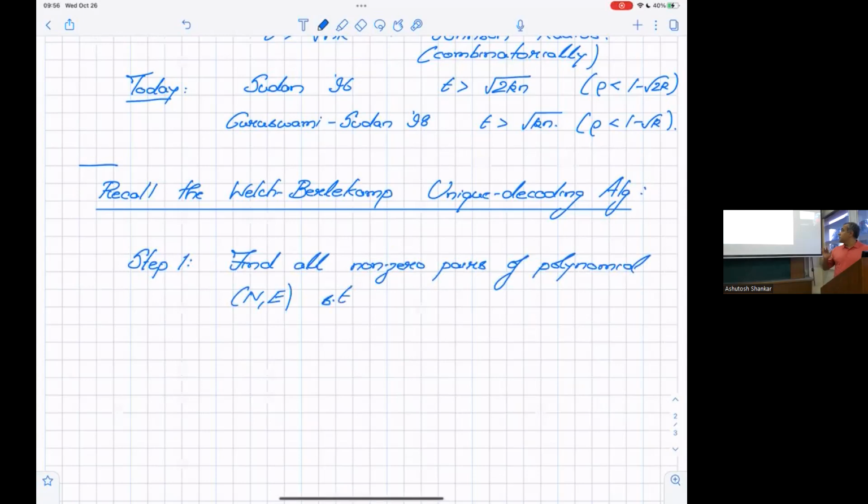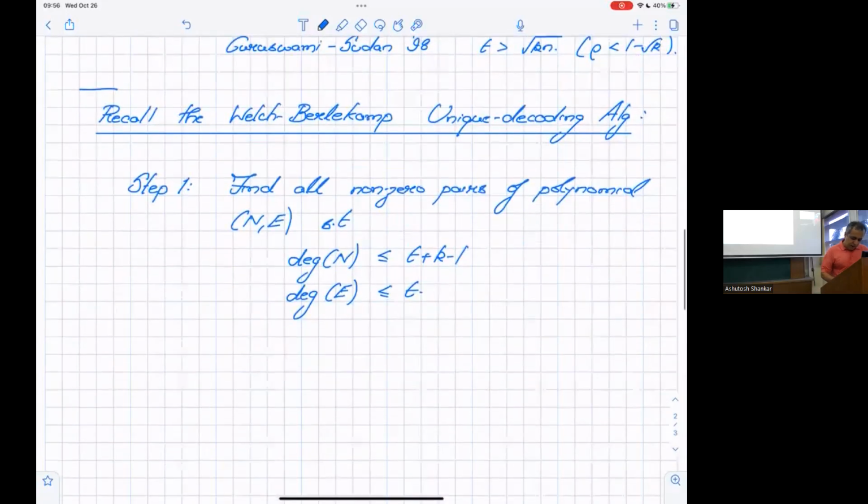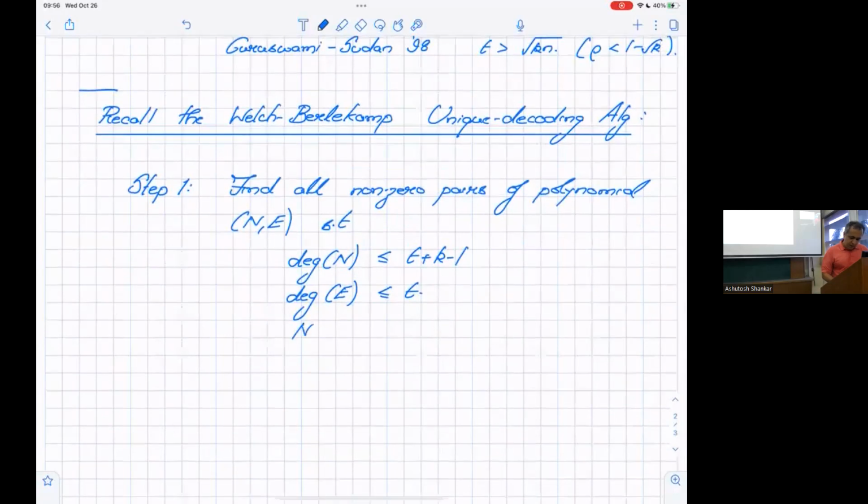I'm just recalling the Welch-Berlekamp algorithm which we did in class. Firstly, the degree of N was less than or equal to t plus k minus 1. The degree of E was less than or equal to t, and N of alpha i was equal to beta i times E of alpha i for all i in 1, 2, and so on.